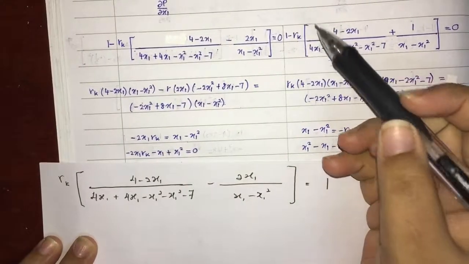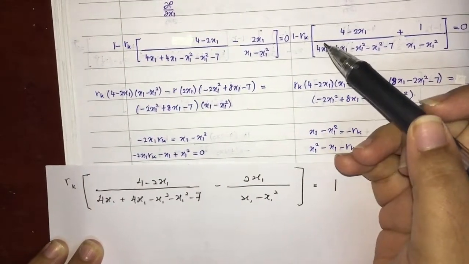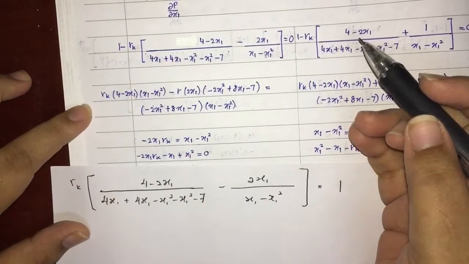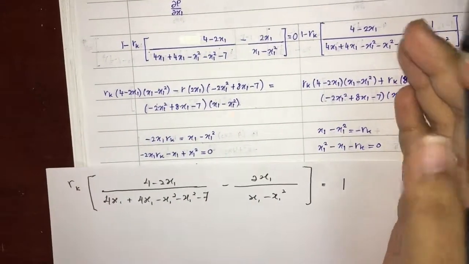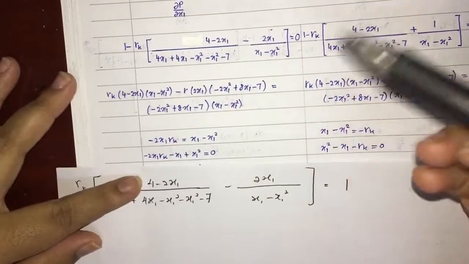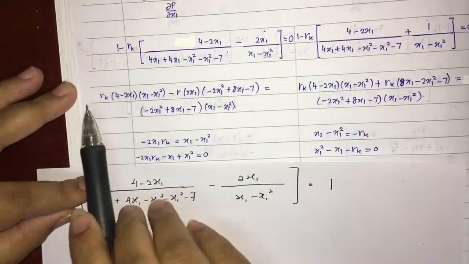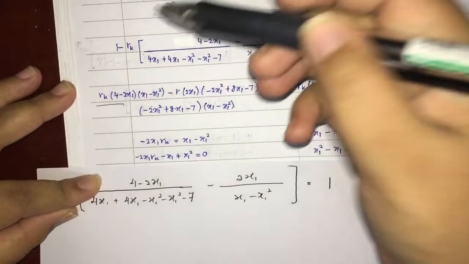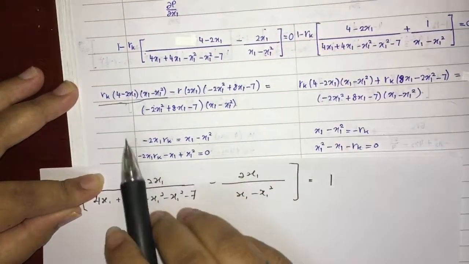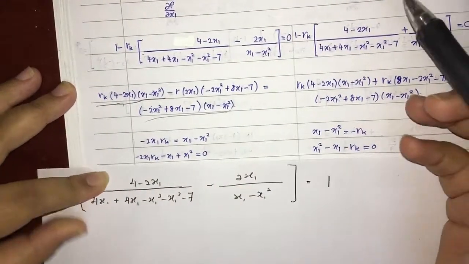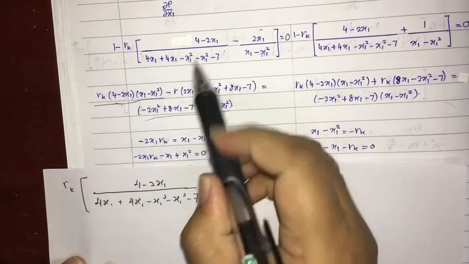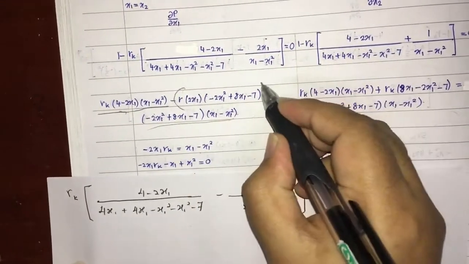And then we will use the same method, which is to compare the left hand side and right hand side. Then we will get like this. So we get this part with this part, and then this part.